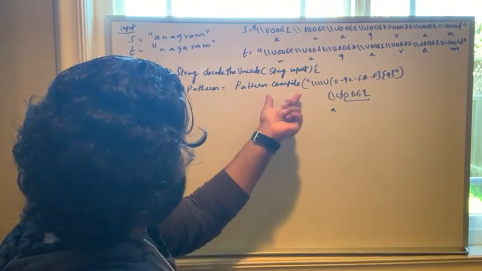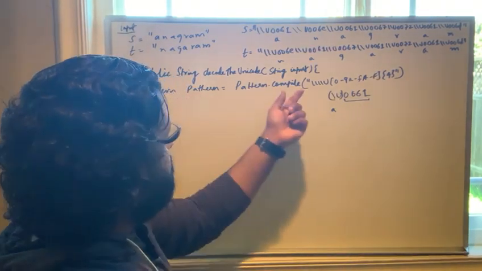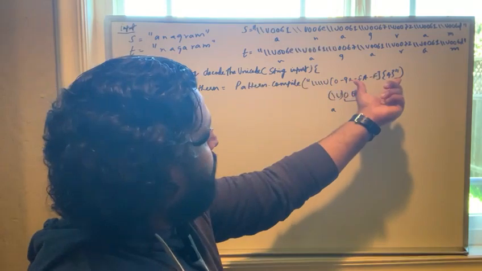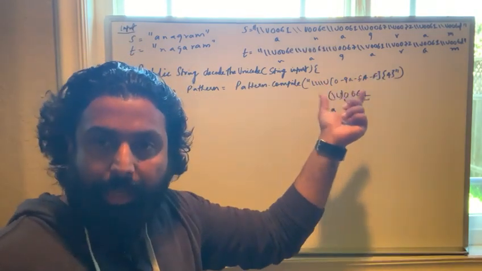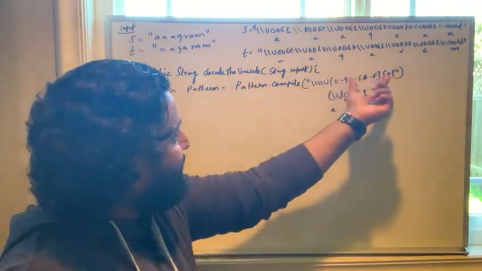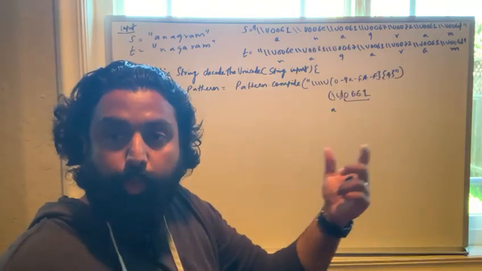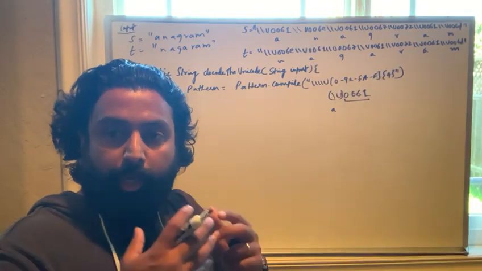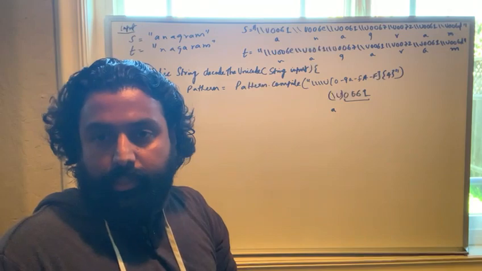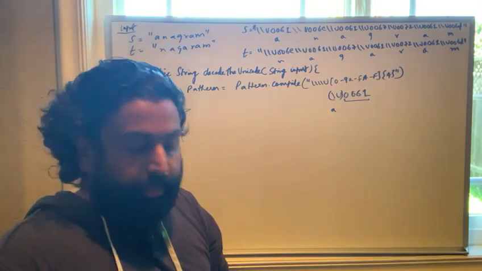So we are using the Pattern class and saying this is the pattern that we want to match for our input. If we see this pattern, that means we have a Unicode group of sequences of words.